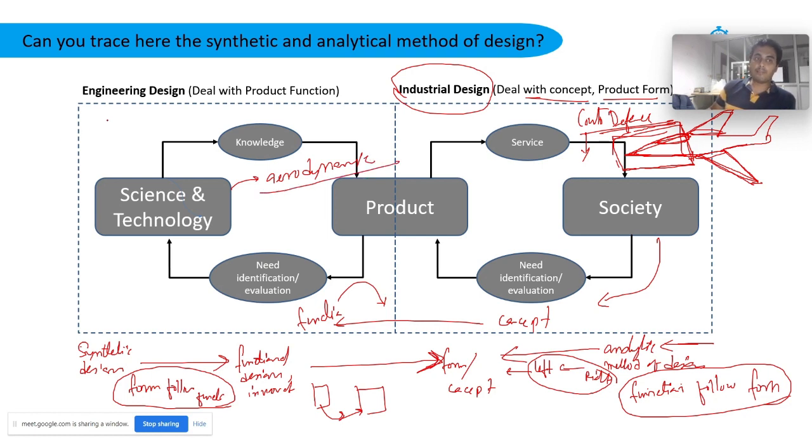So basically what I am trying to say here is that the particular form that people come up with for an aircraft is what is called form following the function, because these forms are highly influenced by the role of aerodynamics.